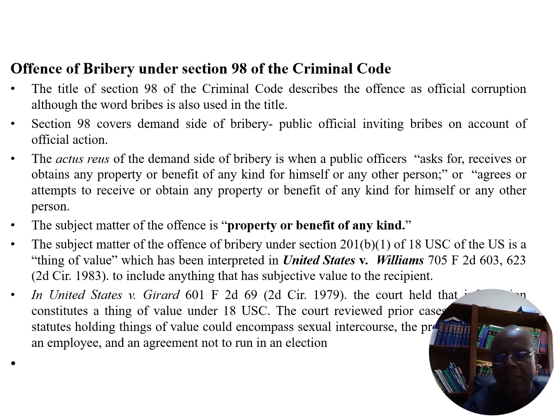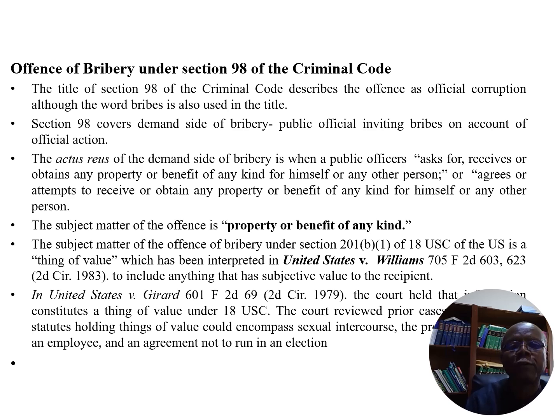Maybe on account of his official function, somebody promised to offer him a job, or offered to give him assistance to secure a contract or any other benefit, provided that the receipt of the benefit is connected with official transaction.